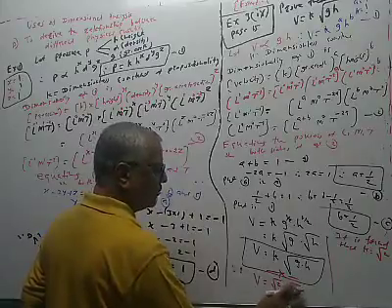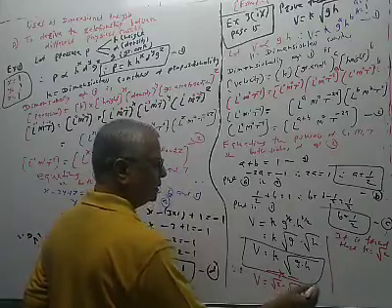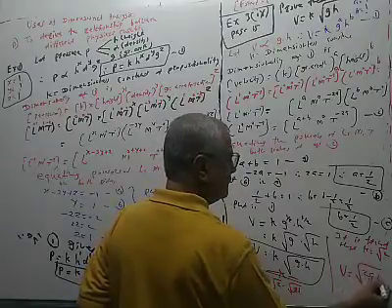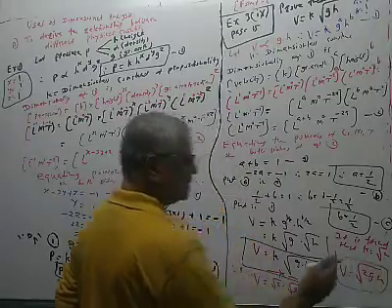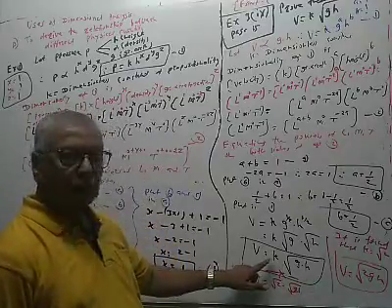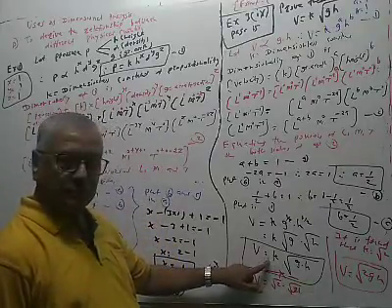And now if we combine these roots, then v becomes root 2gh. Actual relation is this, but in our board books we have to prove only up to this.